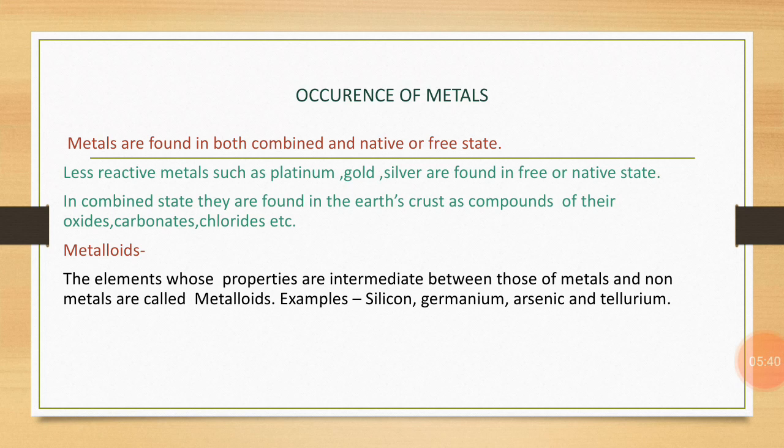They show the properties of both metals as well as non-metals, so that's why they are known as metalloids. There are some examples also given here. For example, germanium, arsenic, silicon. These are the examples of metalloids.